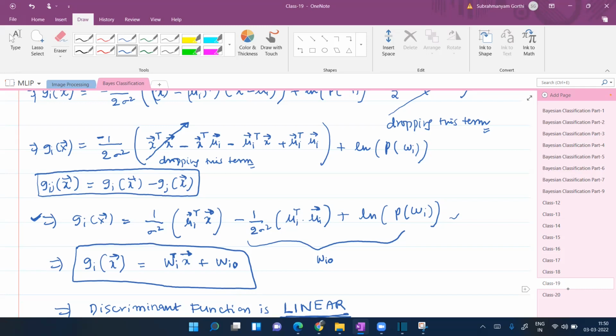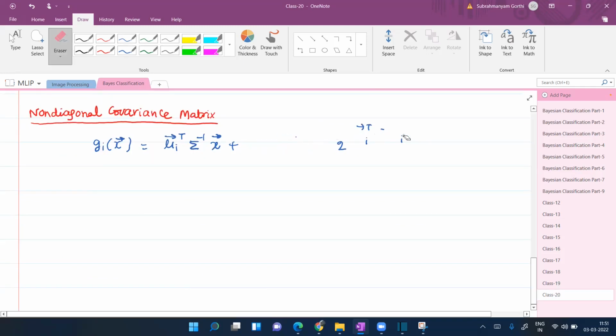1 by sigma square is nothing but the sigma inverse that you get when it is a diagonal element. Now, this is a non-diagonal element. So this would become mu i bar transpose into sigma inverse into mu i bar. Just to be consistent, I'll follow the same order here.